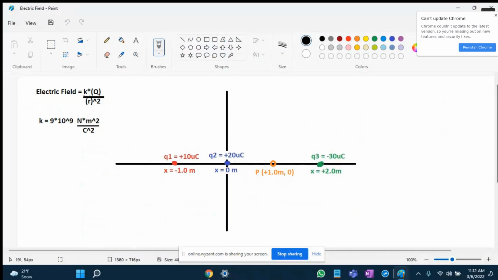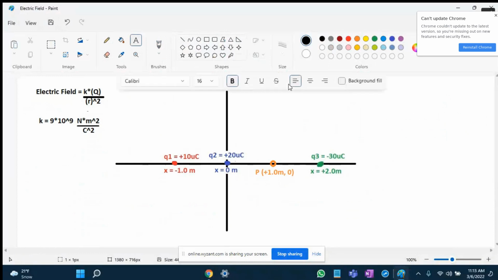The formula is K times Q over R squared, where Q is the magnitude of the charge and R is the distance between point P and the charge. Now, a note about the direction of the electric field vector.